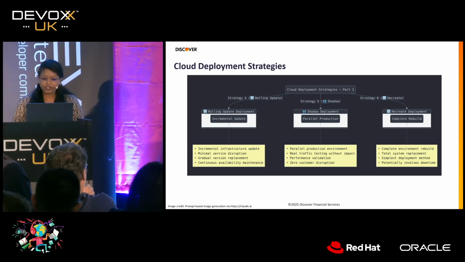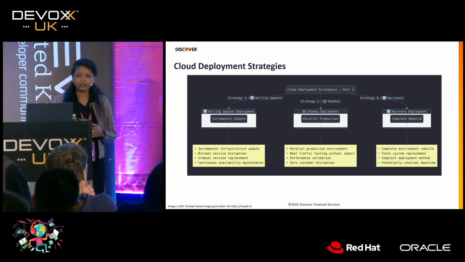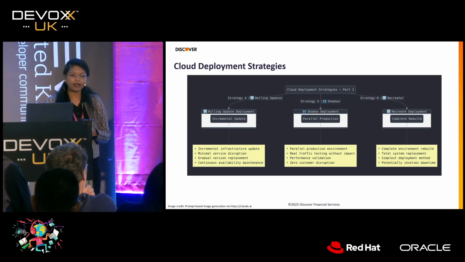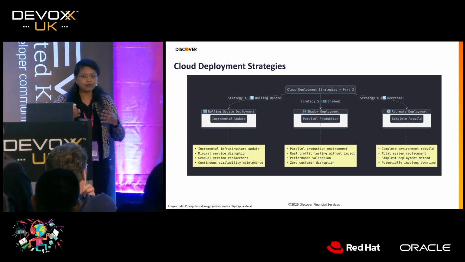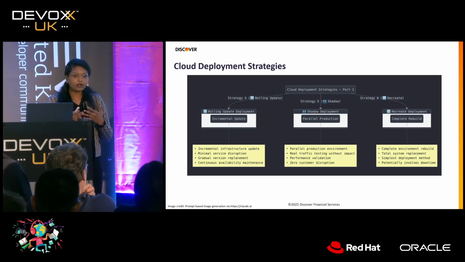So parallel production or shadow deployment. This is a very, very key important strategy, I would say, if you have a really big application which is moving to cloud. And how do you make sure you're confident enough and you're not risking anything in production that would go bad?